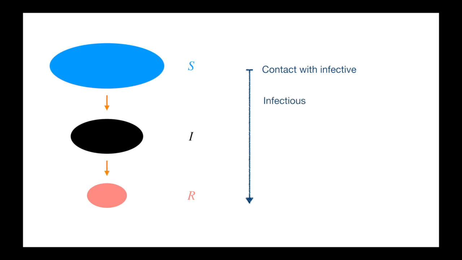You may or may not have the symptoms yet, but you can spread the disease to others, though the infectivity might be lower than when you start showing symptoms. And as you recover, you will become non-infective and then start living happily ever after. So you can add another compartment of the exposed. So the SIR will then become SEIR and SIS will become SEIS and so on.